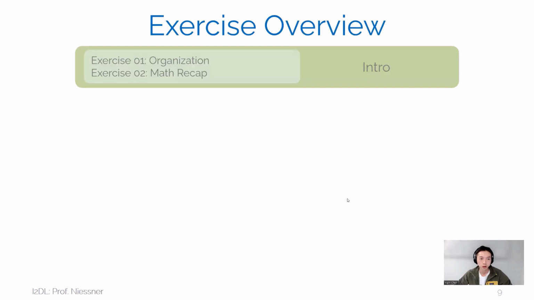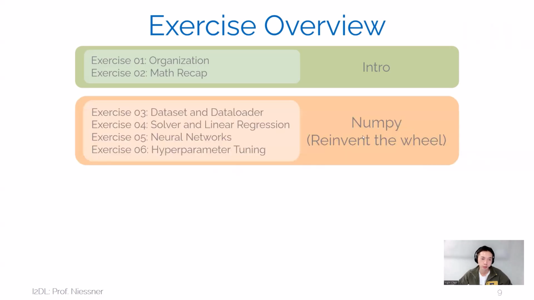So let's first go through the exercise overview of all the exercises you need to do for this course. In the beginning, we have some intro parts like the organization and also the math recap. What you have already achieved is that you used NumPy and reinvented the wheels, or the pillars, of a deep learning project.